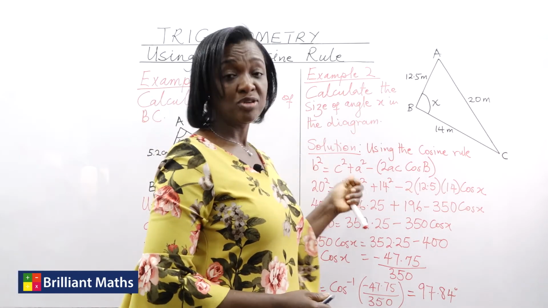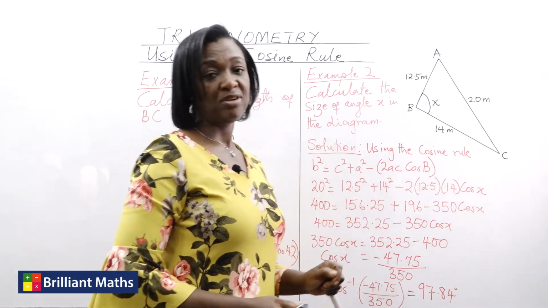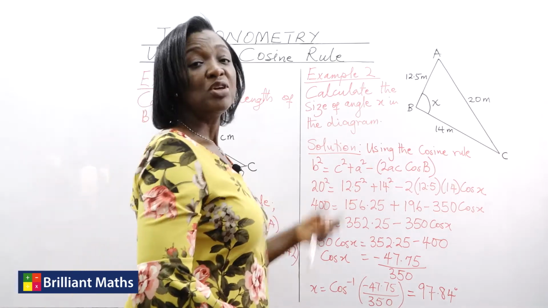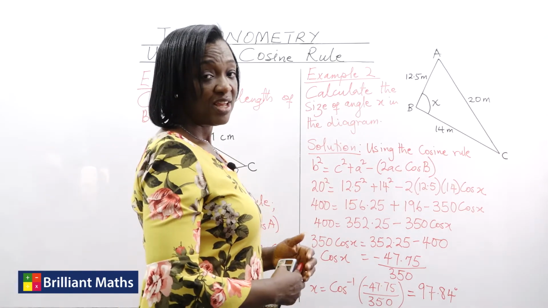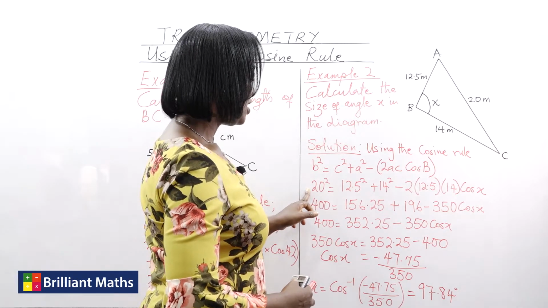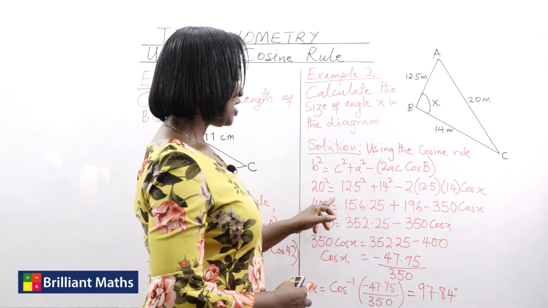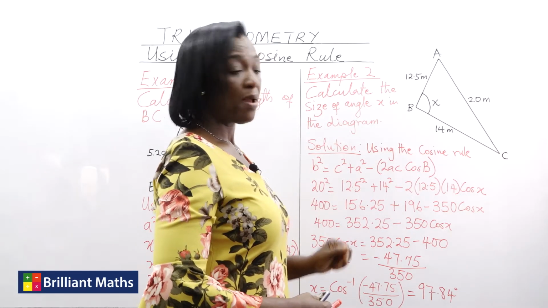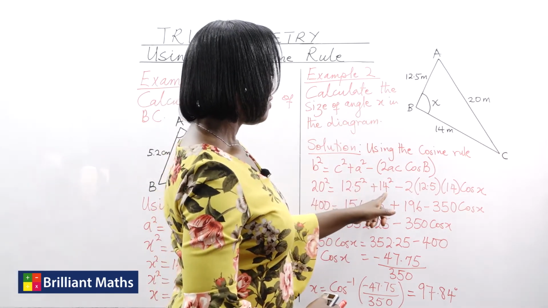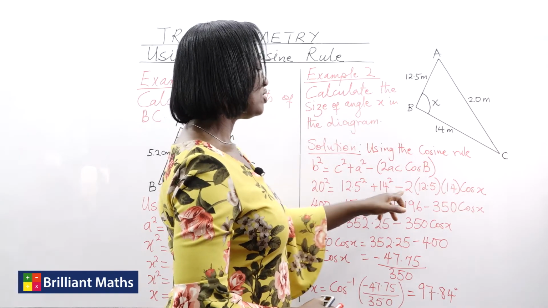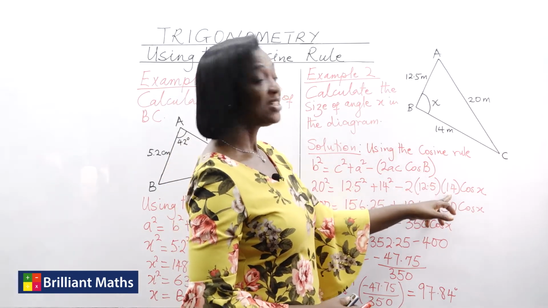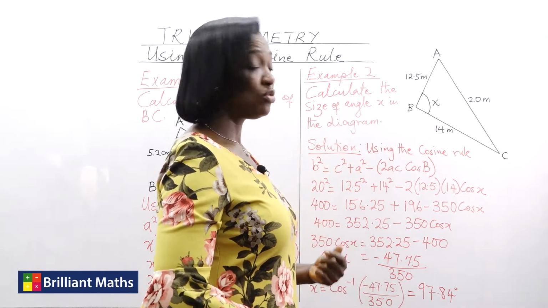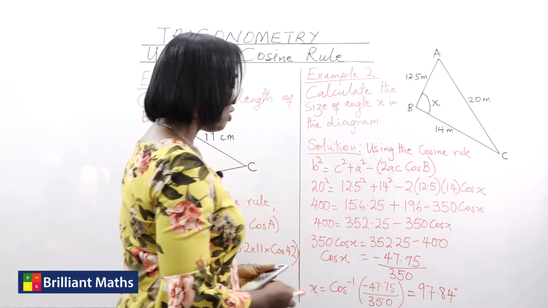Anytime you want to use the formula, please write it down. It will help you to learn it very quickly. So we'll put in the dimensions. B squared will be 20 squared is equal to c squared, which is 12.5 squared, plus 14 squared minus 2 times 12.5 times 14 cos x, because it's x we need to find.